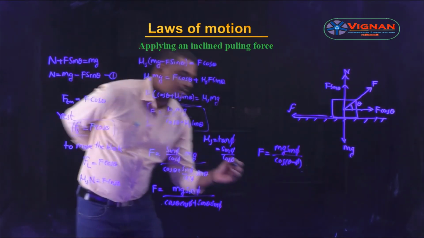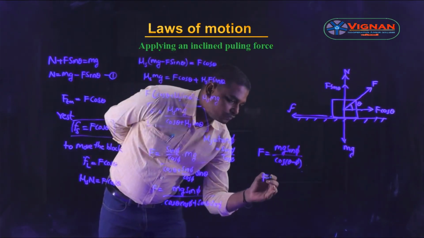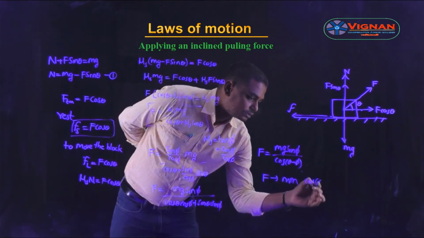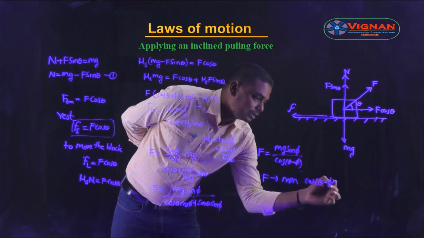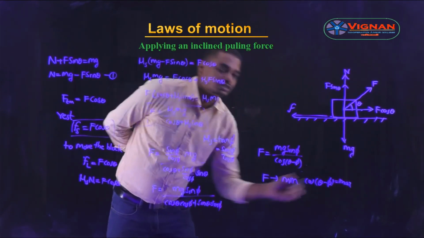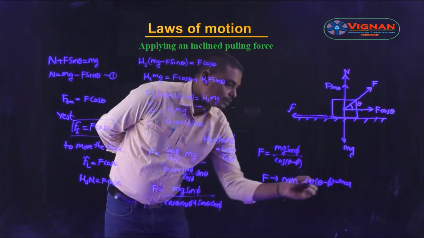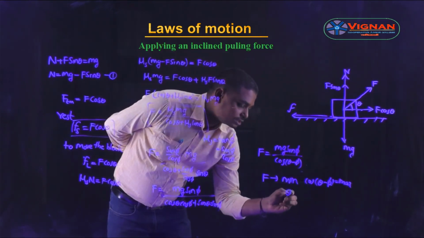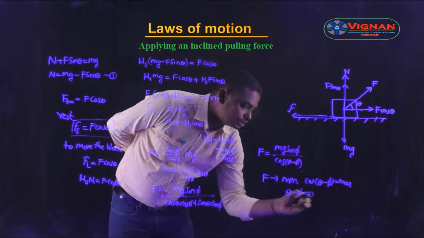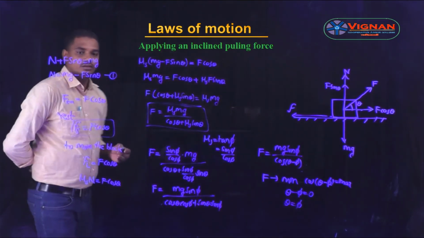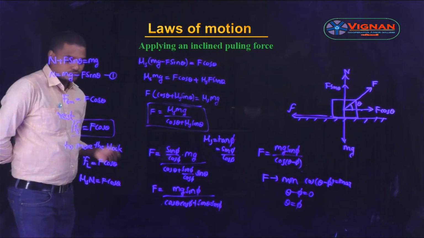To calculate the minimum force, F should be minimum, so cos (theta minus phi) should be maximum. That means theta minus phi should be equal to 0, or theta is equal to phi.